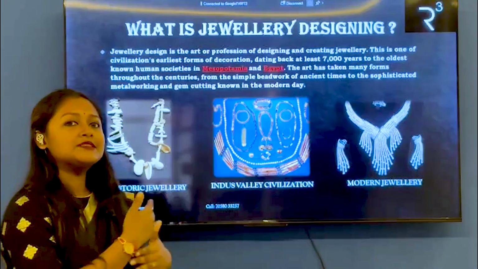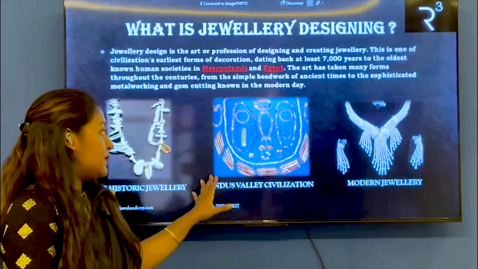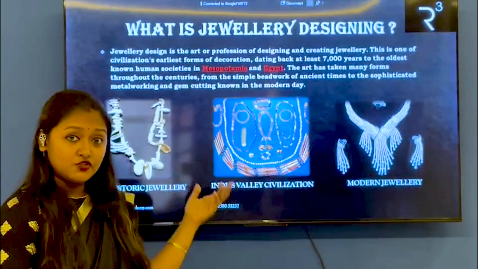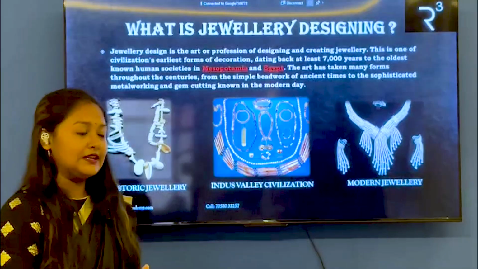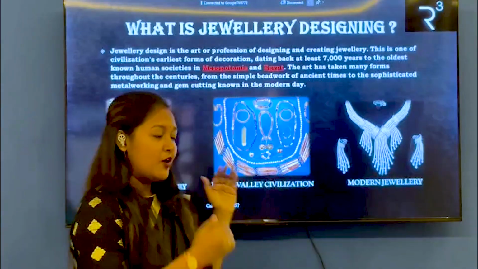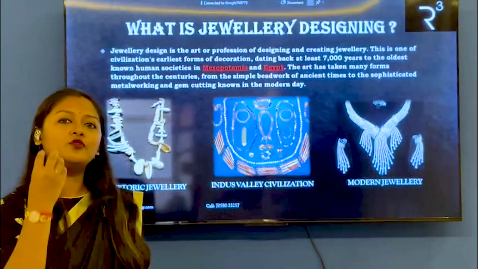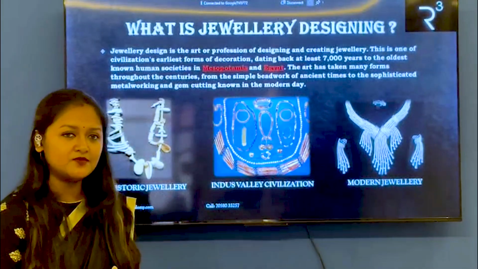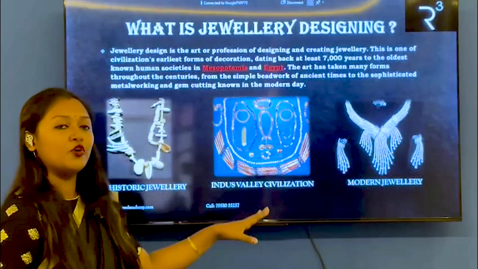As people moved towards modernization, they started implementing copper jewelry and clay jewelry. All these things started entering the jewelry field. In modern jewelry there are many different cuts; people started knowing about gemstones and the cuts of different gemstones, and they started implementing all those ideas in modern jewelry.